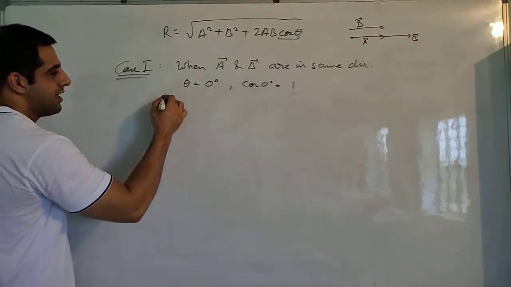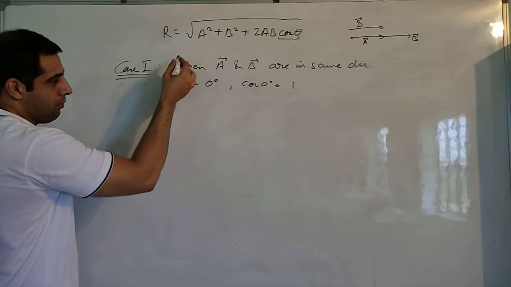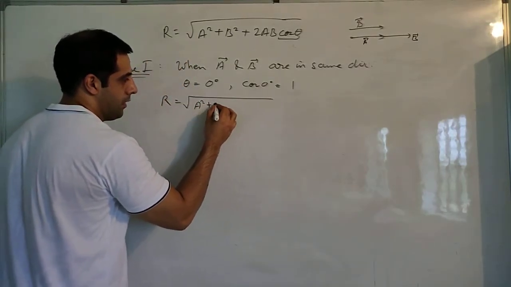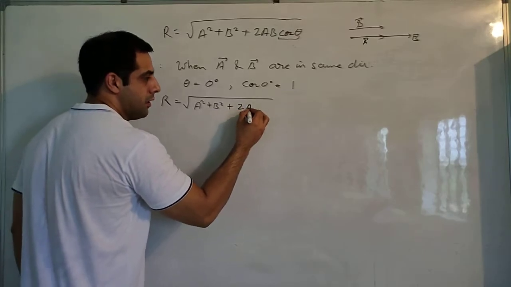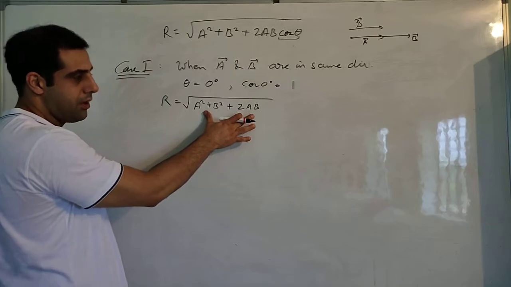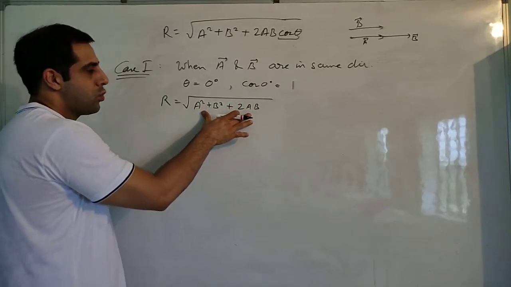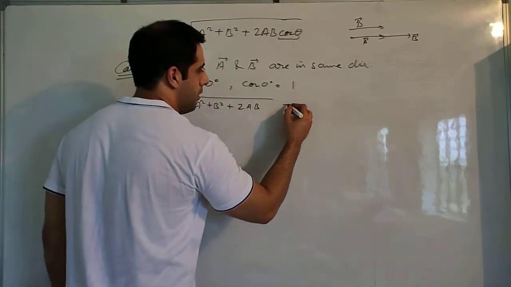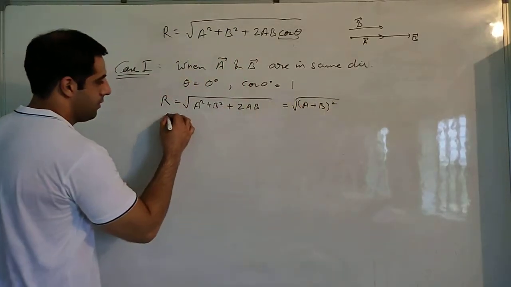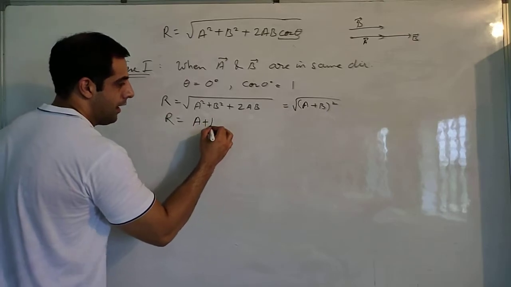So if both of them are in the same direction, then our value of the resultant will become the square root of a square plus b square plus 2ab. This is the formula for a plus b whole square, an algebraic identity. A plus b whole square and root, what will it become? This R will be equal to a plus b.